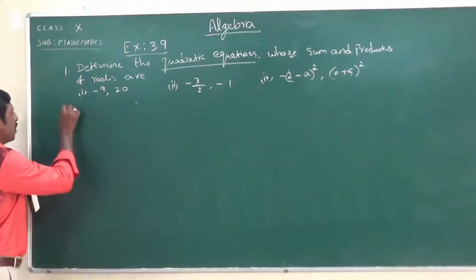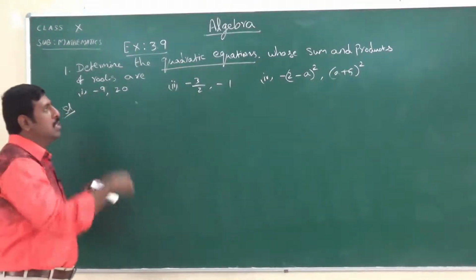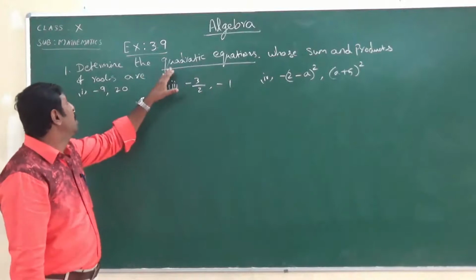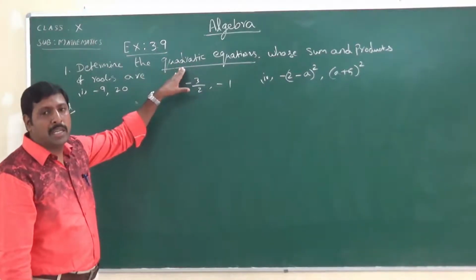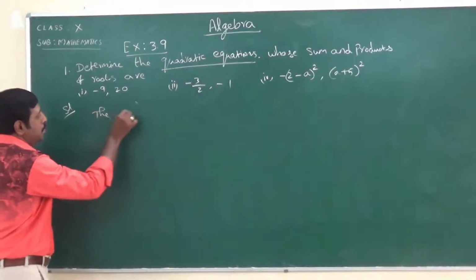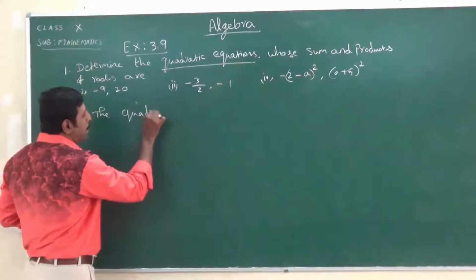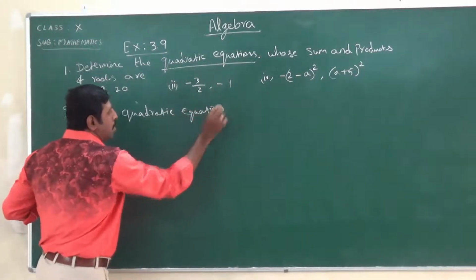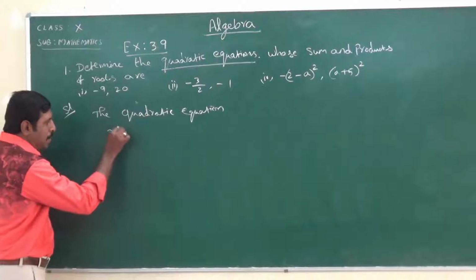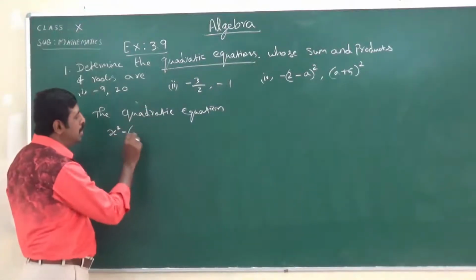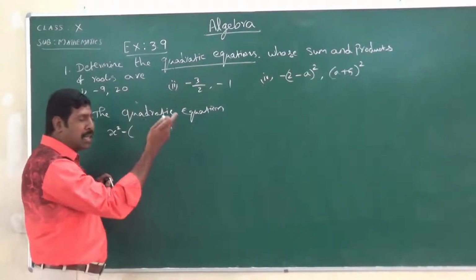First of all, we want to know what is the quadratic equation. Quadratic equation means we know the power 2, right? Then we have to form a quadratic equation. That is, the quadratic equation is x square minus the sum of the roots. Suppose one of the roots is alpha, another root is beta.